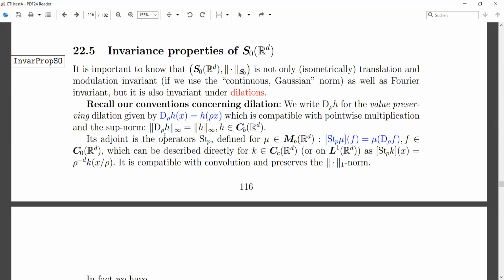If we define by adjointness, so that's well defined for any bounded measures, the adjoint operator, and the adjoint operator always means you get the adjoint operator on a functional by applying that measure that you want to stretch to the dilated input function.